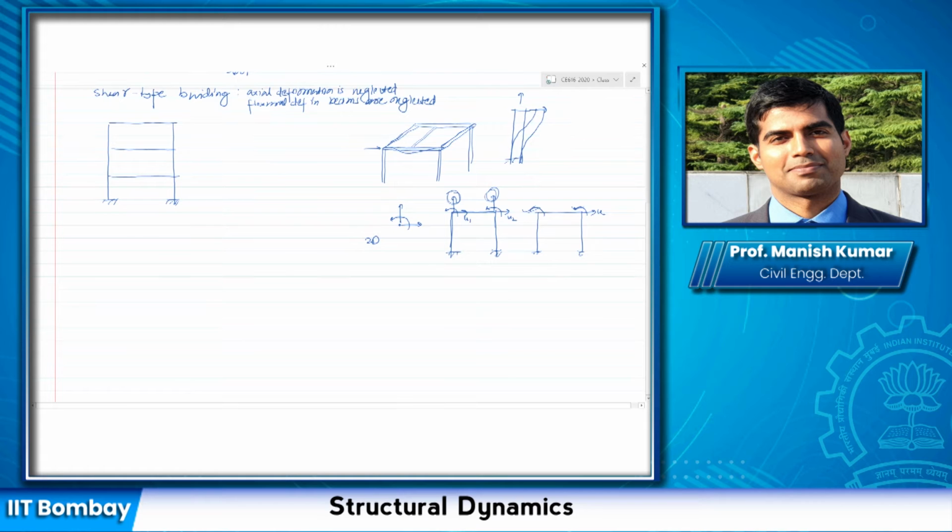So at each level I have only 1 degree of freedom, which represents the horizontal movement of this type of building. Now, not all buildings are shear type buildings. If you want to do a more accurate analysis, then you have to consider additional degrees of freedom like flexure here. But for illustration, or for getting insight into a multi-degree of freedom system, let us start our example like this.